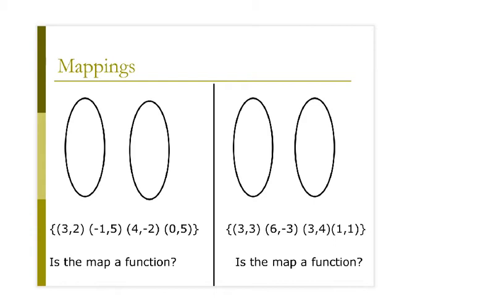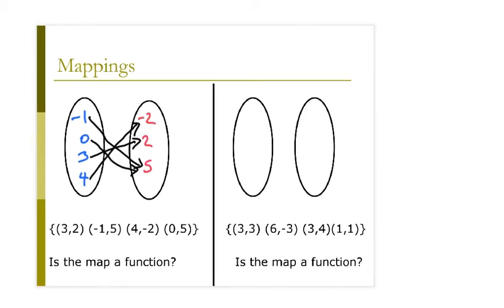Based on the ordered pairs, the mapping would be the following way. Notice that -1 only goes to one number, 0 only goes to one number, 3 only goes to one number, and 4 only goes to one number. So this is a function.